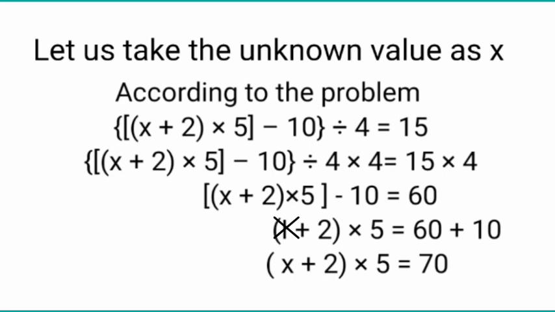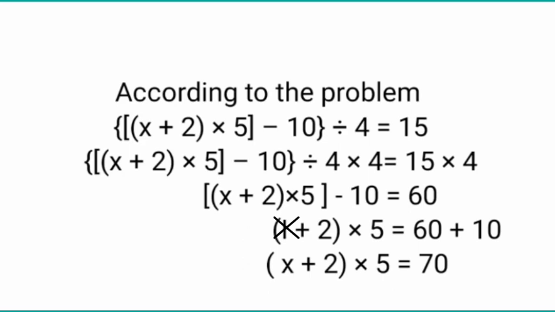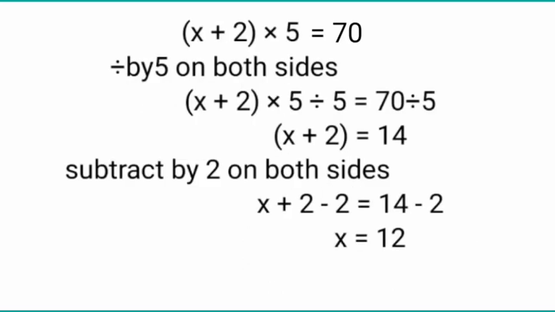By using the basic operations like addition and multiplication, we can reduce it to x plus 2 into 5. To cancel 5, divide by 5 on both the sides. Then we'll get x plus 2 into 5 divided by 5 is equal to 70 divided by 5. And subtracting by 2 on both the sides, we get x is equal to 12.